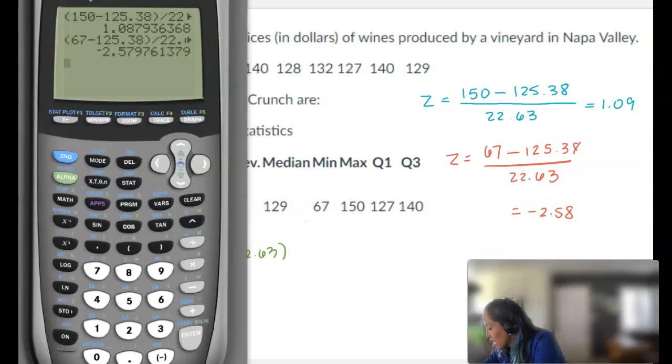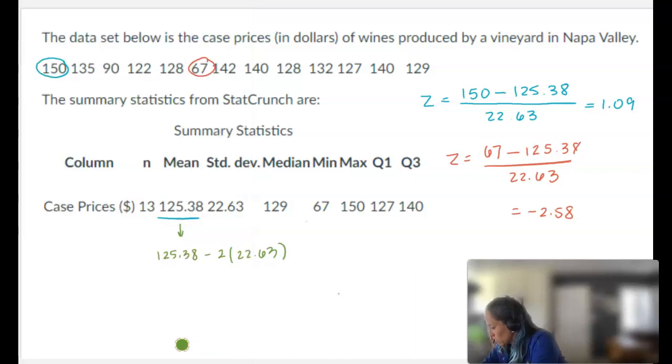Let's just figure out what that is. That is 80.12.